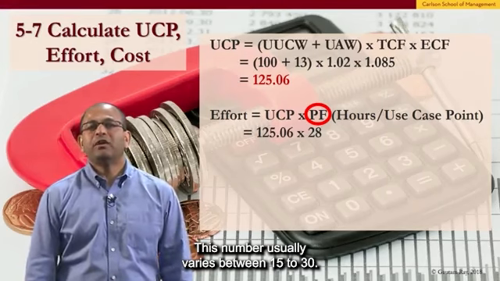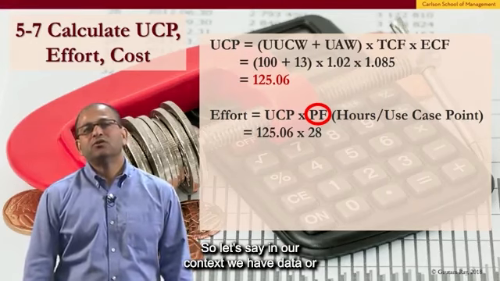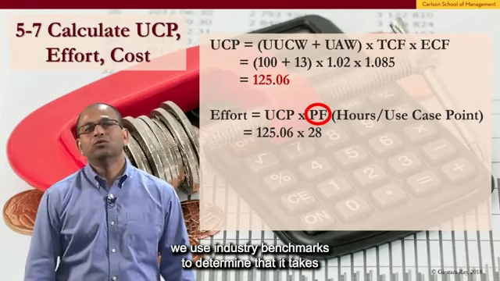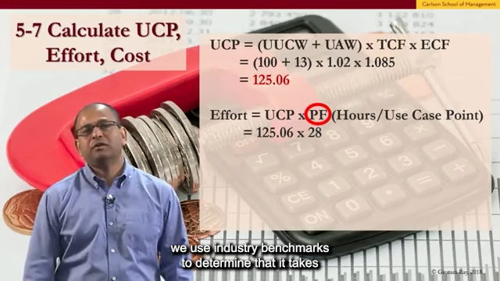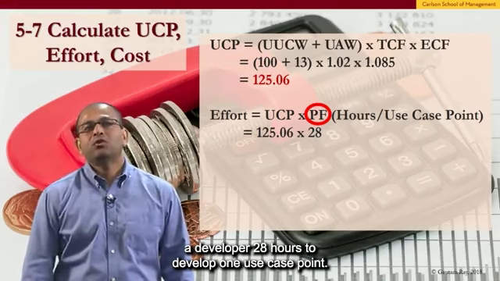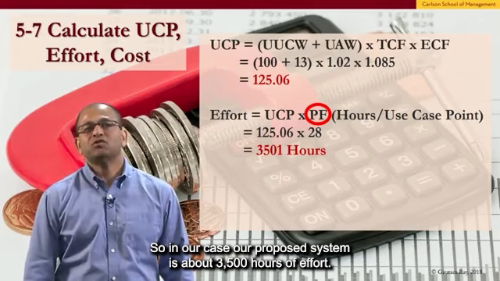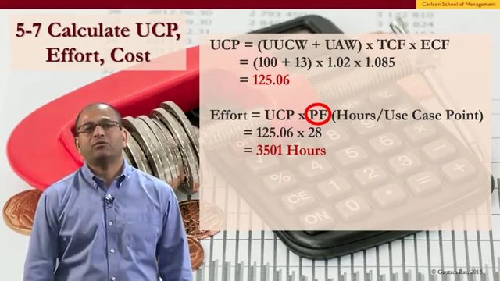This number usually varies between 15 to 30. So, let's say in our context we have data, or we use industry benchmarks to determine that it takes a developer 28 hours to develop one use case point. So, in our case, our proposed system is about 3,500 hours of effort.